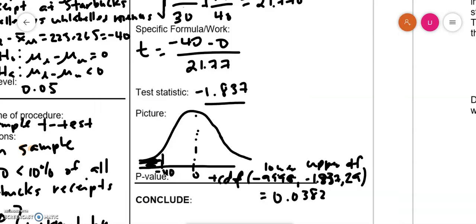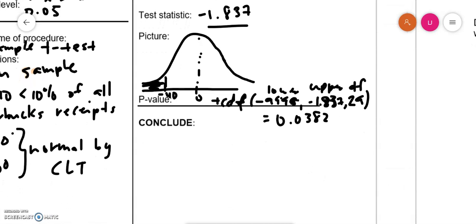All right, but because we have this p-value, 0.0382, we are comparing to 0.05 up here. It is less than 0.05.